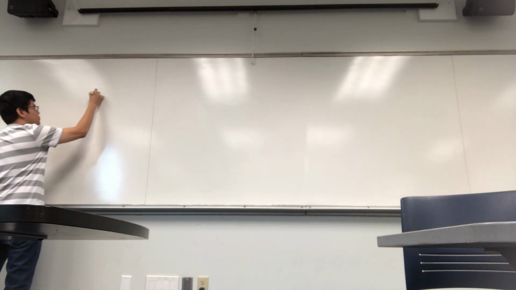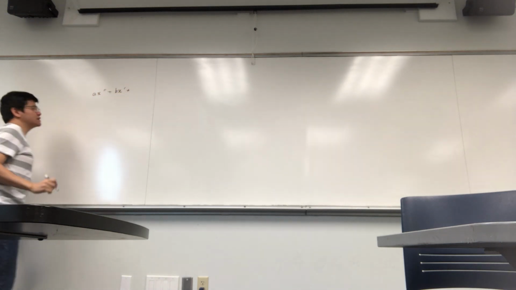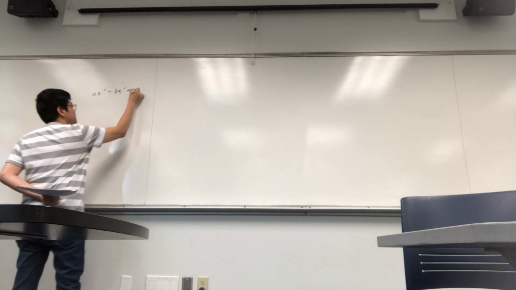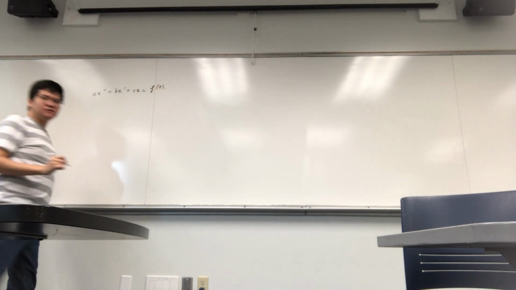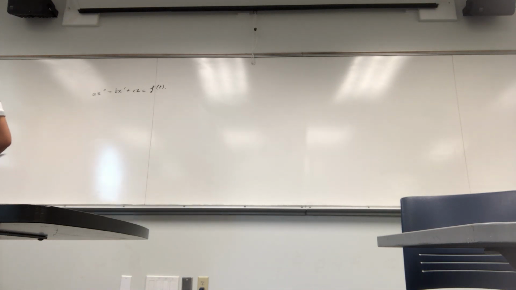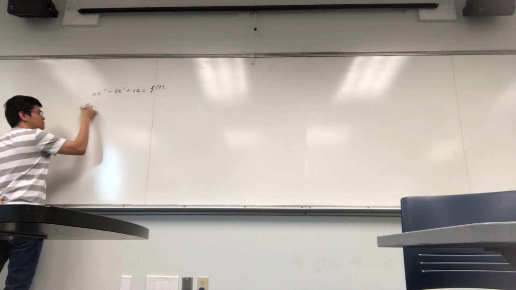As we discussed in the previous class, we have a x'' plus b x' plus c x is equal to f(t). So this is a second order inhomogeneous differential equation with constant coefficients. What we have now is case number 4.